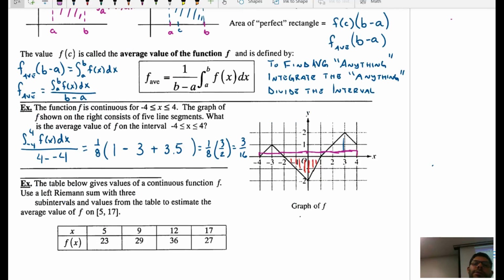And so this is what this rectangle would look like. Here's our average value. The average value being the height of this rectangle that has the same base and the same area as the area between the curve and the x-axis.